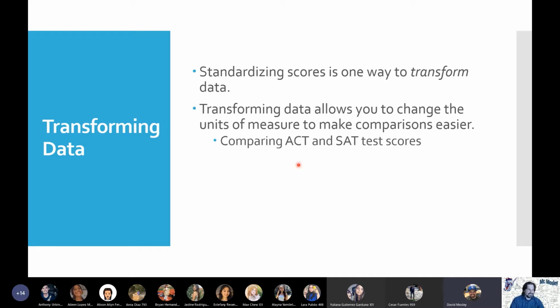However, the ACT, I think, you score somewhere between like 0 and 35 or something like that. And the SAT, I think now is out of 1600 again. I know for a while it was out of 2400. So the range of scores are vastly different between the two tests. But if I standardize those scores, I can compare the two results by using that z-score.